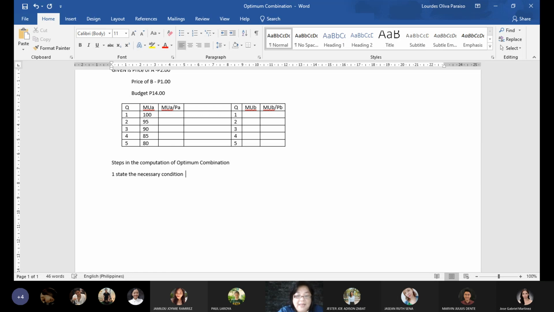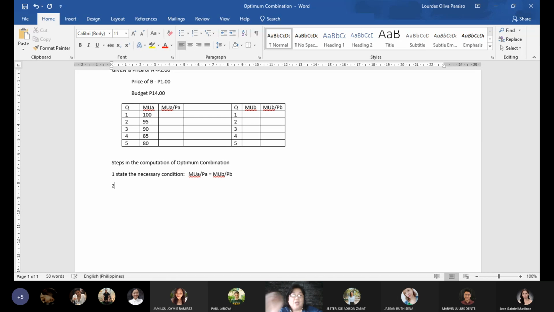Okay, that marginal utility of A over price of A should equal to the marginal utility of B over price of B. Okay? So, that is the necessary condition.